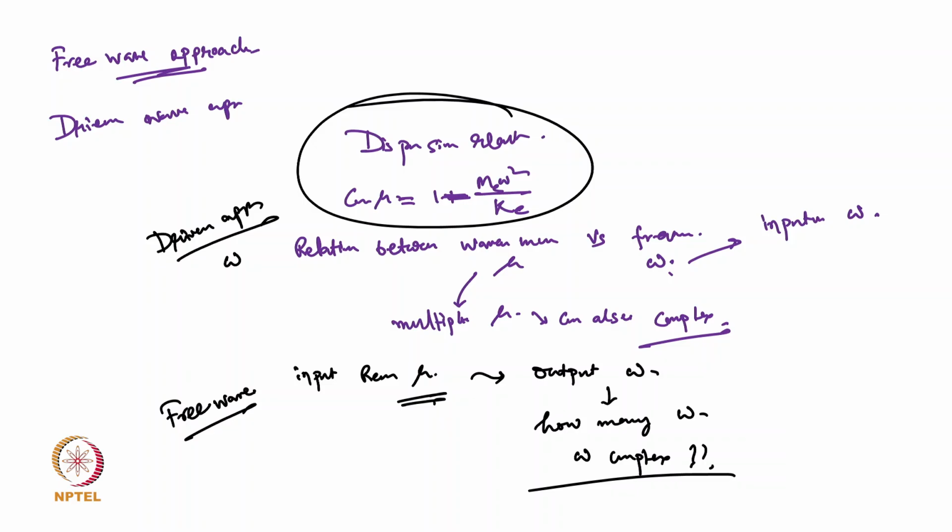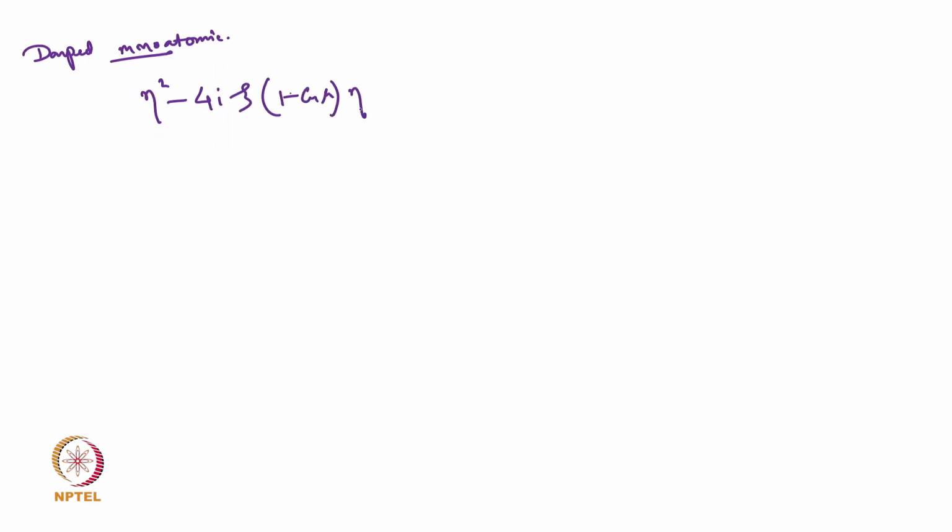So now let's take the dispersion relation of the damped monoatomic chain. That will tell us where the difference actually lies. The damped monoatomic dispersion is eta square minus 4i zeta into (1 minus cos mu) times eta minus 2 into (1 minus cos mu) equals 0.